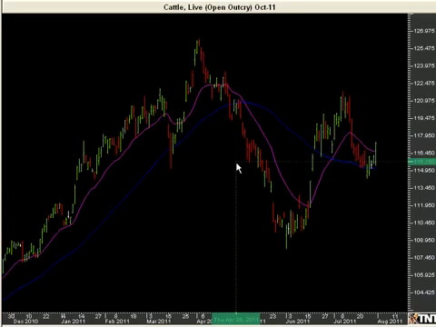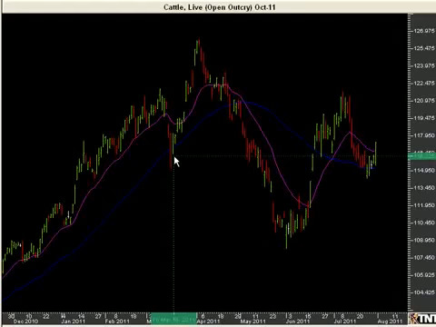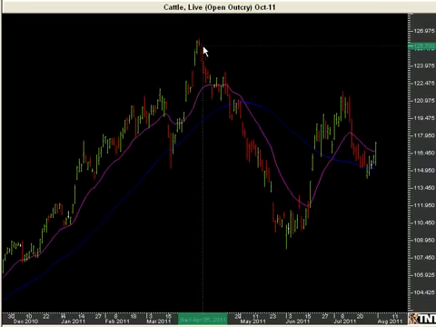So that begs the question, what does support look like and what does resistance look like? Quite simply, support occurs whenever you have a red-green bar combination, and resistance occurs whenever you have a green-red bar combination.